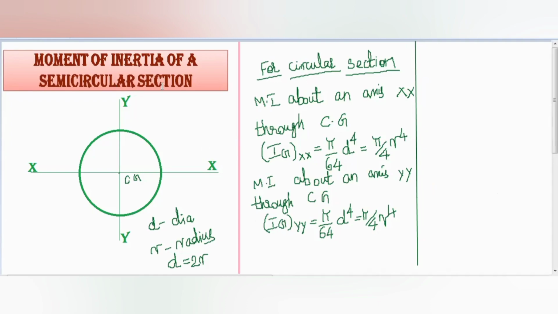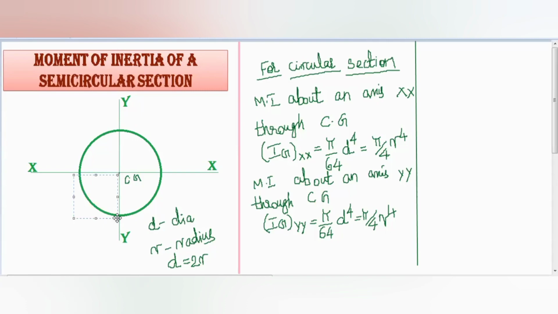Okay. Now, what about the semicircular section? Here, first of all, I'm going to erase half portion of the circle, like this.